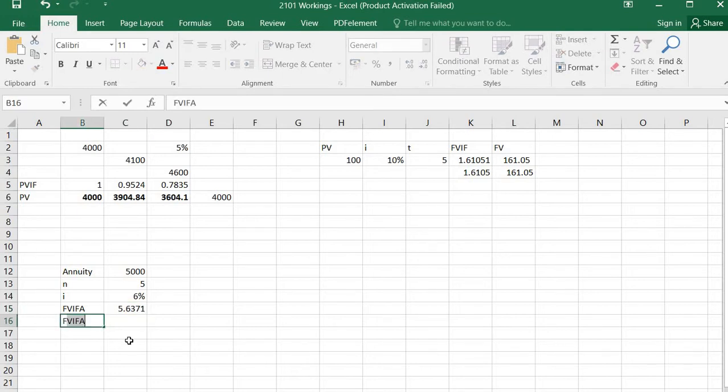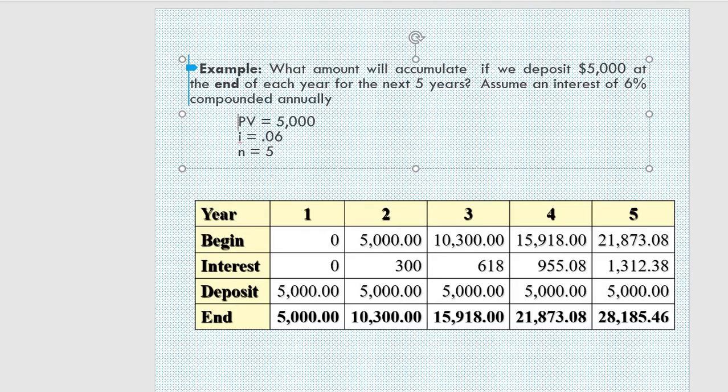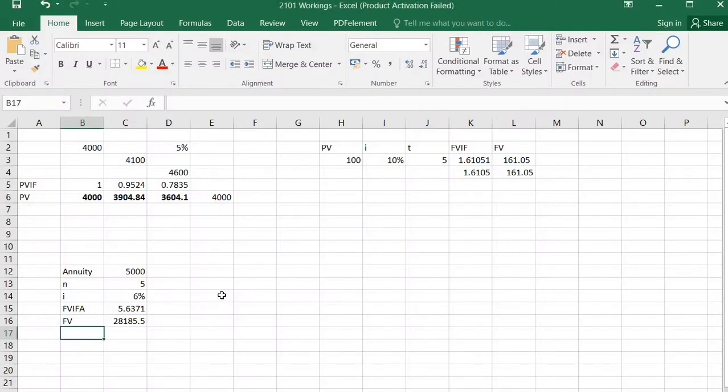So our future value would be equal to the 5,000 multiplied by the future value interest factor of that annuity. 28,185.5. Yes. So that's the answer. That's the accumulated amount at the end of the 5 years there.